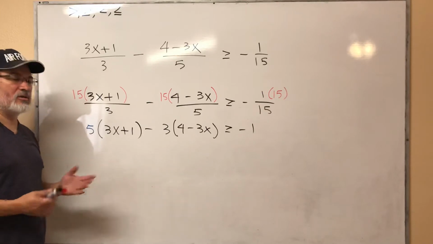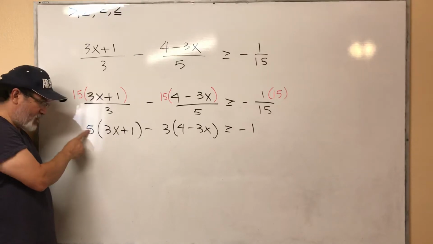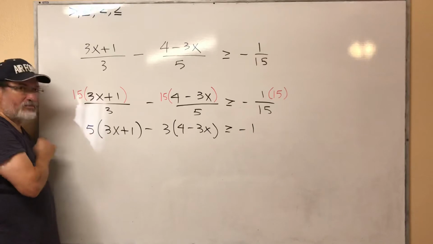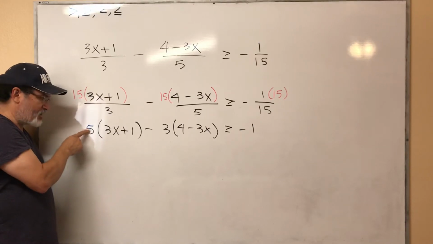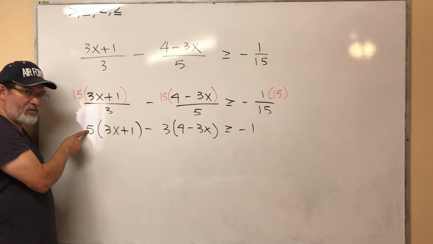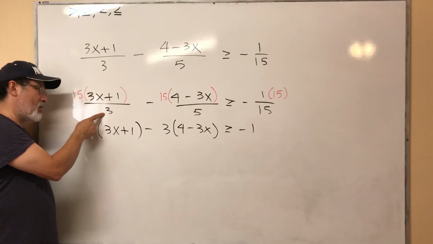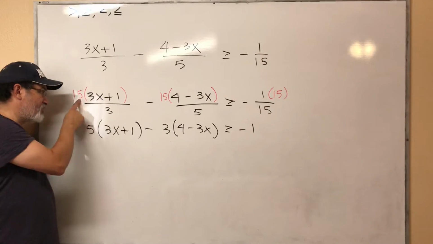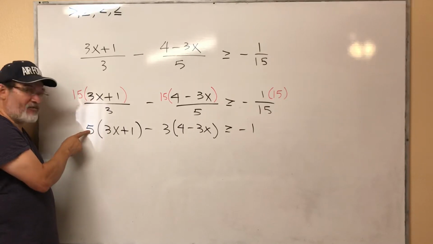It's easier. You see this 5? This 5 is 15 divided by 3. So this 5 has a 15, and this 5 has a 3 in the denominator, right? That's where it came from. So now, if the 5 gets multiplied inside, the 15 divided by 3 gets multiplied inside, because that's where this 5 came from.